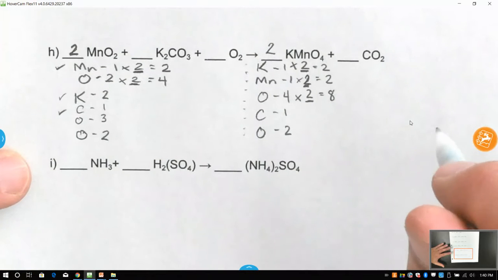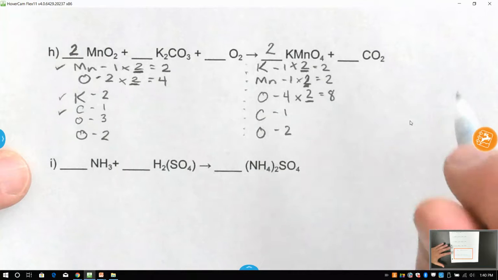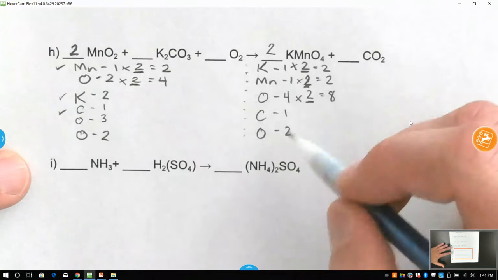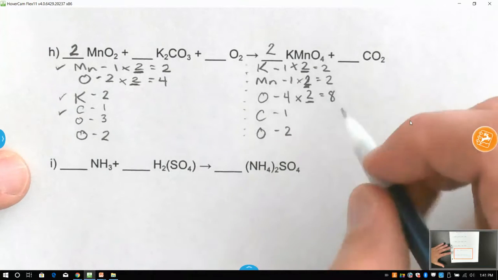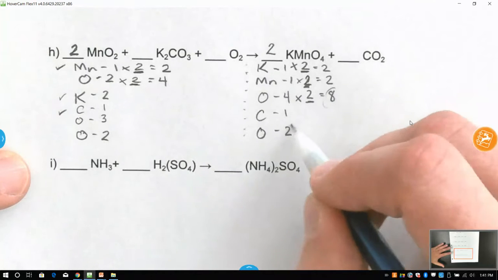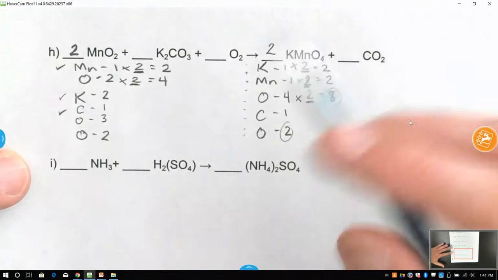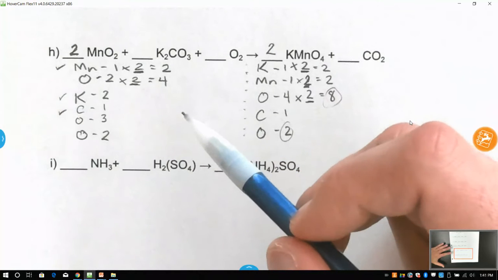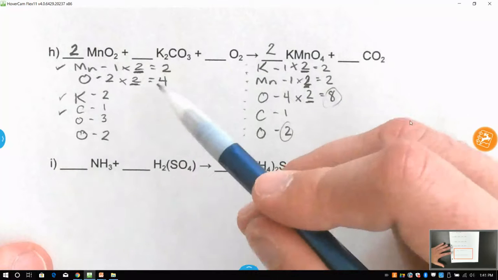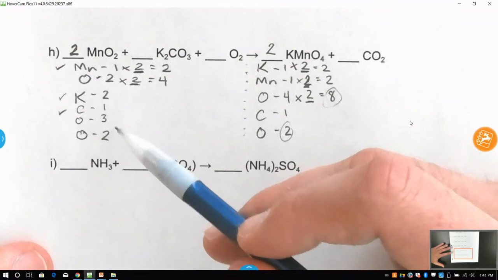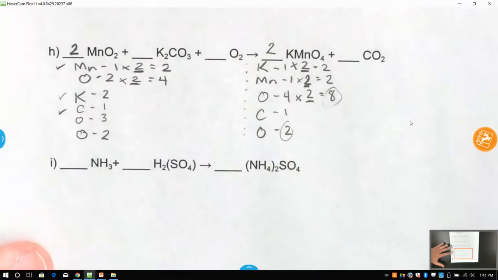So what we would need to take a look at here: how many oxygens do we have total on the right-hand side? We have the 8 and 2. We have 10. How many do we have in total on this side? We have 4, 7, 9.